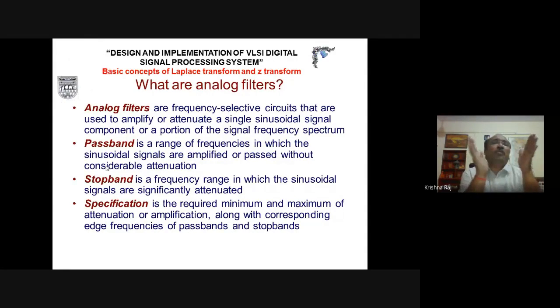Now if we think about the filter, ideally it must have a range that should be passed, and the other frequencies out of that range must be blocked strictly.